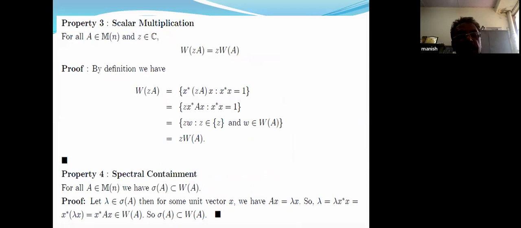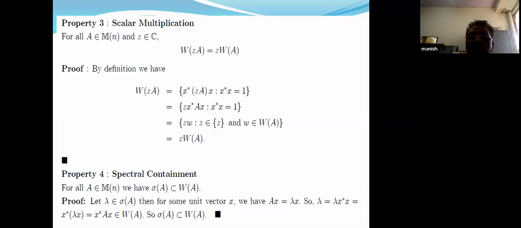Next property is scalar multiplication. For all A belonging to Mn and z belonging to C, numerical range of zA is equal to z times the numerical range of A. So what is the meaning of it? If we multiply A with some scalar z, then the numerical range of A is multiplied by z.